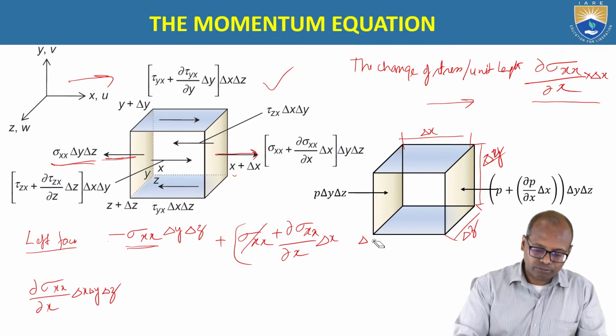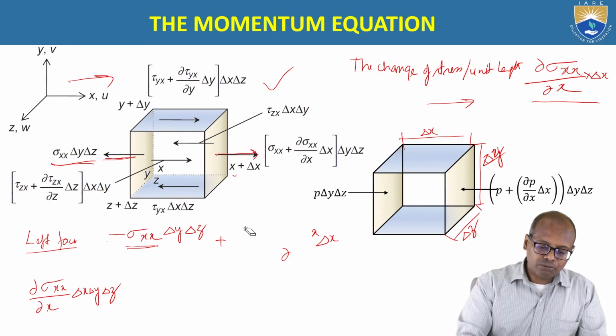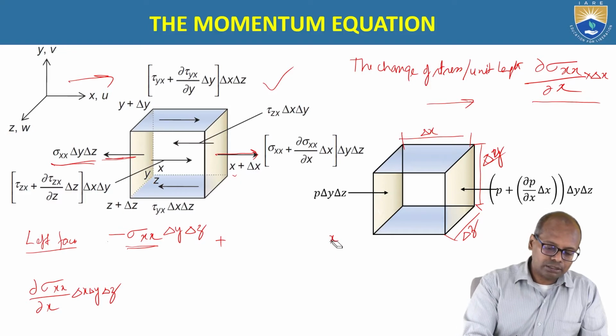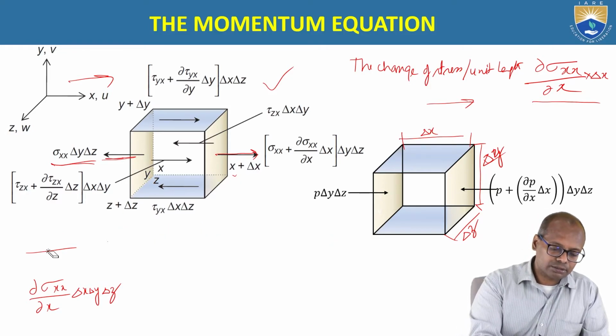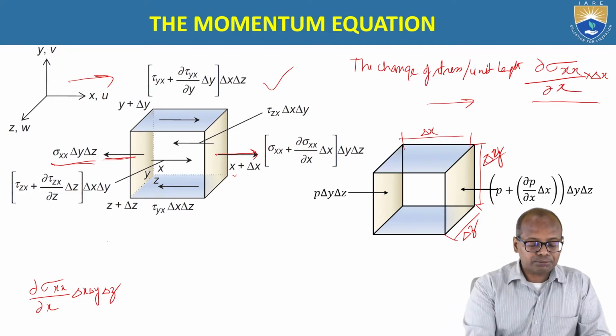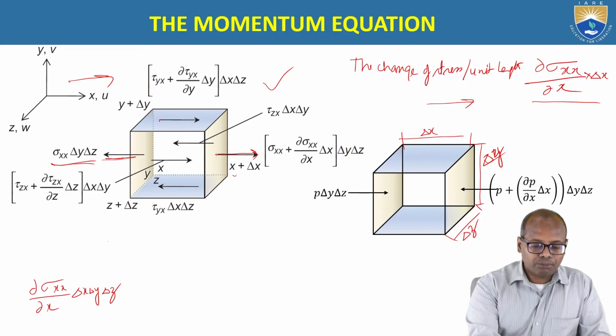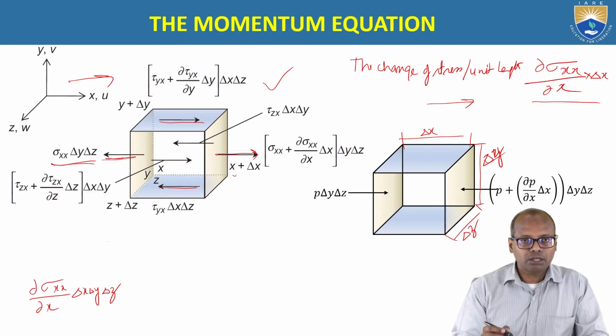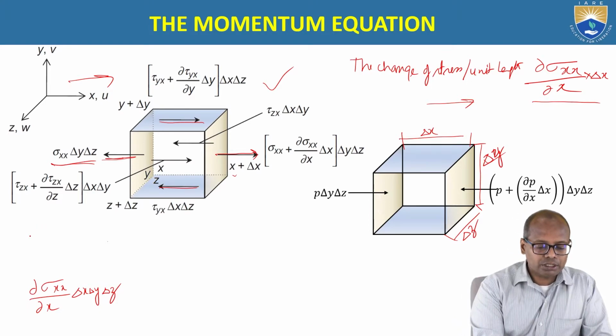Similarly, we will consider the tangential stress. Here you have the top face and bottom face. You are considering now the top face and bottom face. Now what is this? This is tau yx.